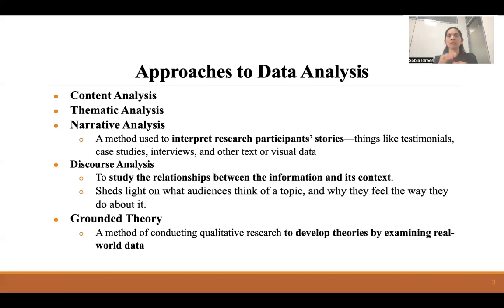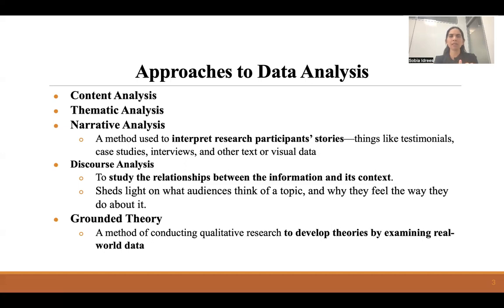Studying or exploring participants' perspectives within their context and why they behave like that is called discourse analysis. Examining participants' perspectives and experiences and viewing those experiences within their context is the discourse analysis method.